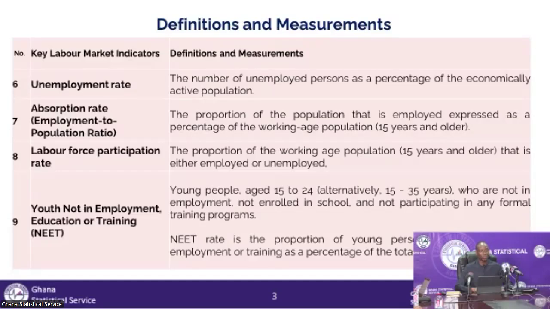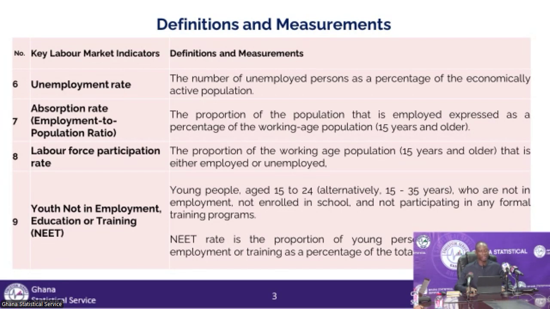And then we have what we refer to as the NEET, which is youth not in employment, education, or training. That refers to young people who are not working, who are not in education, and who are also not training.